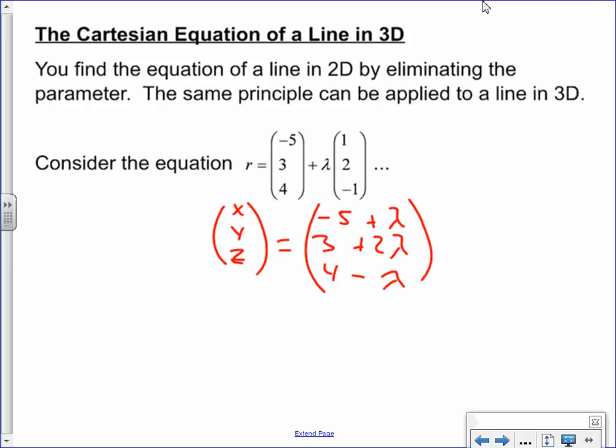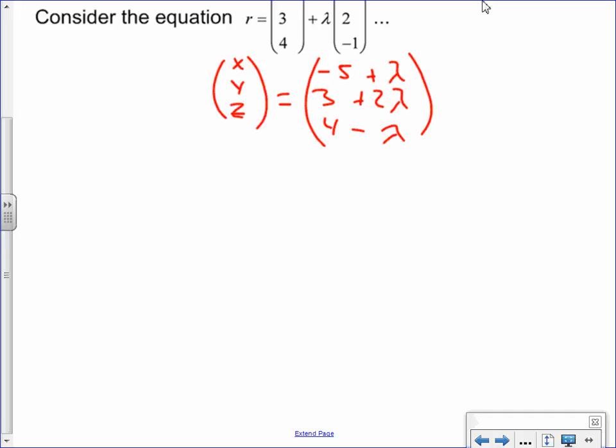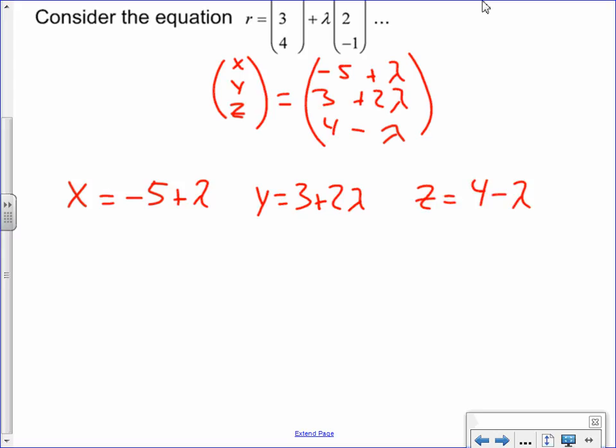And from that, you can set up 3 different equations. So you've got x is equal to -5 plus lambda. You've got y is equal to 3 plus 2 lambda. And z is equal to 4 minus lambda.